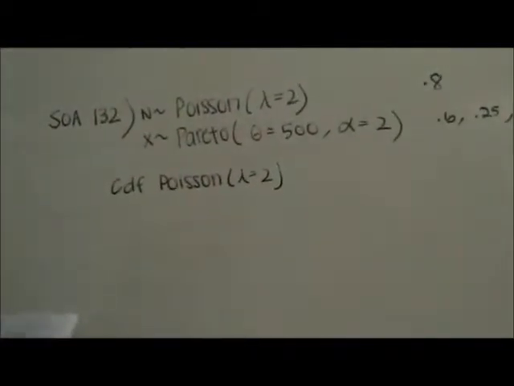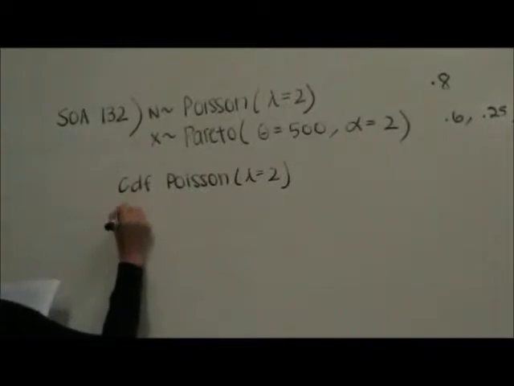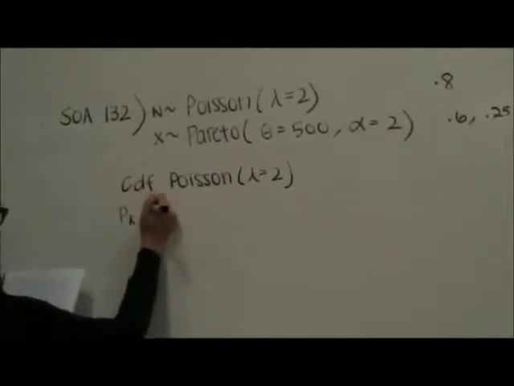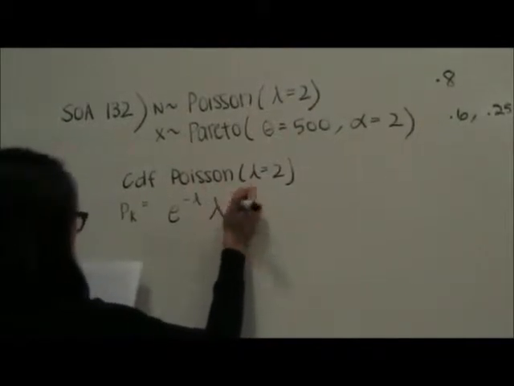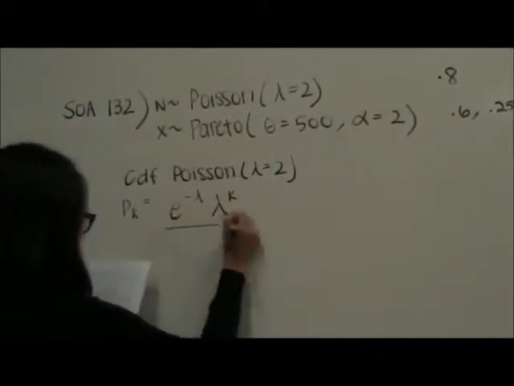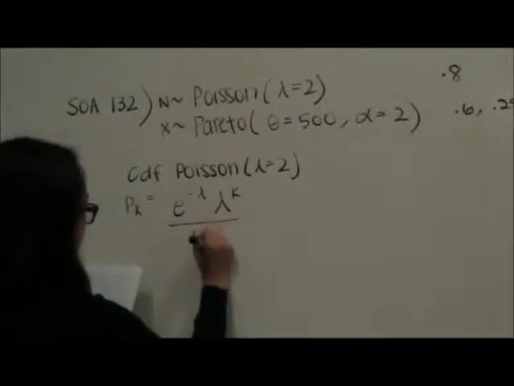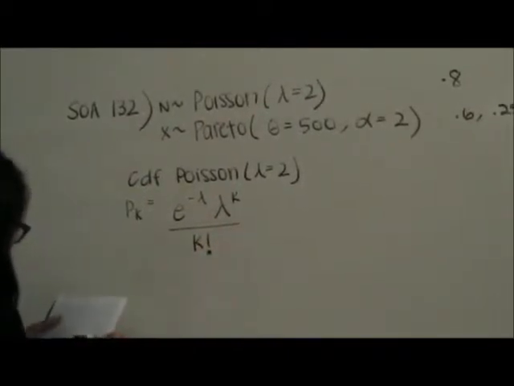And you know from our tables that p of k for a Poisson is equal to e to the negative lambda, lambda to the k, over k factorial.